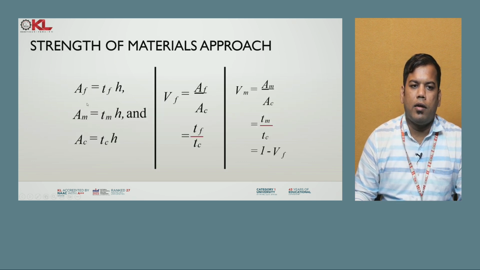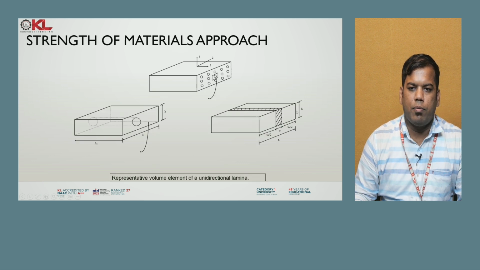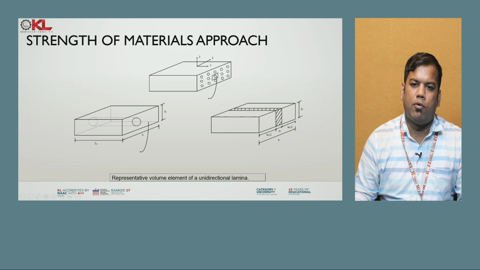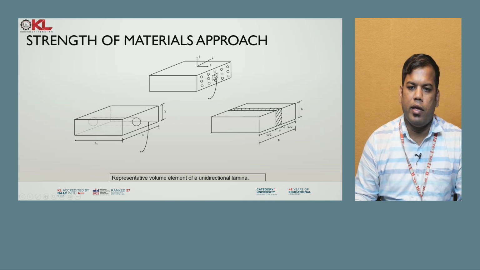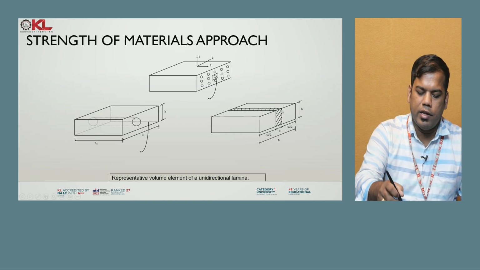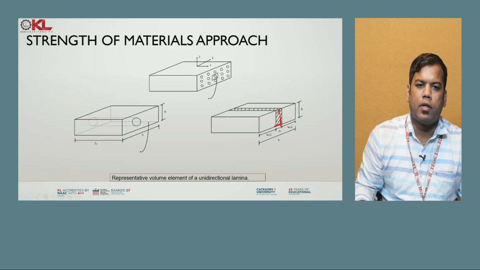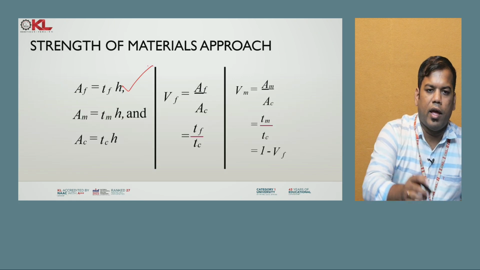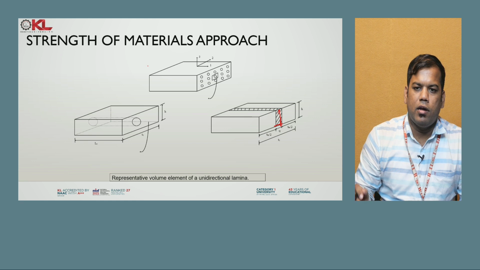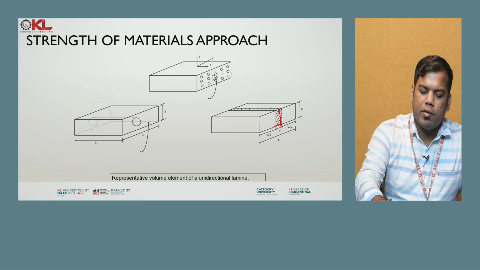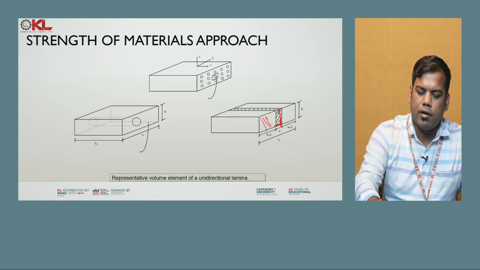So what is the area of the fiber? If the height of the composite is h throughout the matrix as well as the reinforcement, then the area of the fiber is Tf into h. Similarly, what is the area of the matrix present in this section?